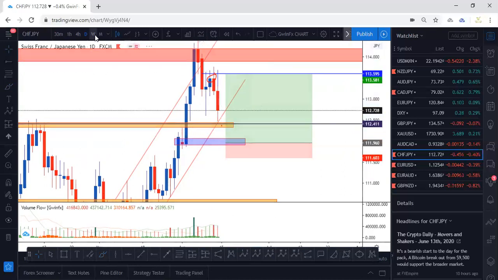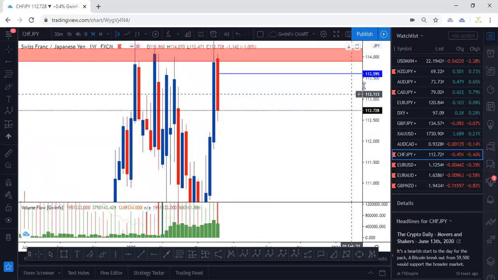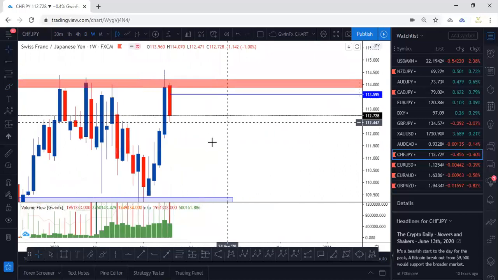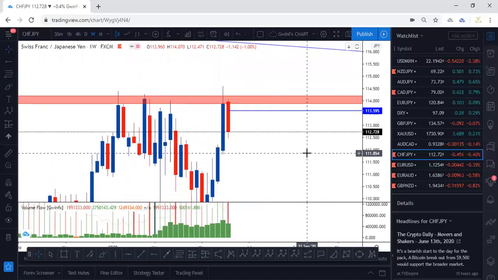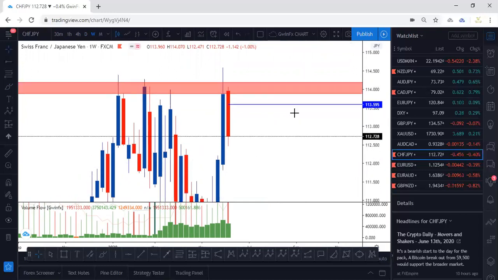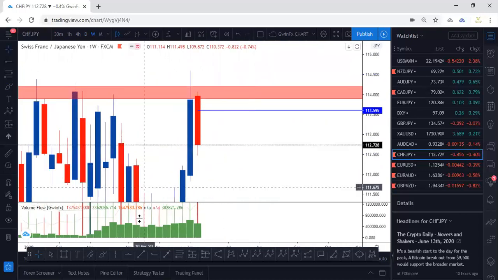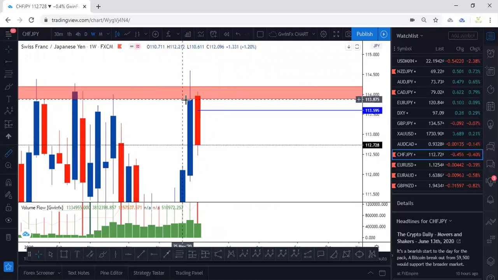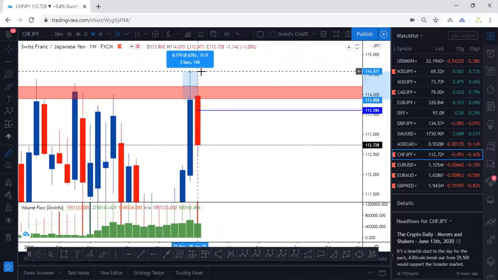We could expect that, but from the weekly time frame, what do we have? Let's see where we could expect a bounce. We never really had that test of the half week, so we could expect that our TP1 would be there and our TP2 will be here. So let's just quickly mark this.